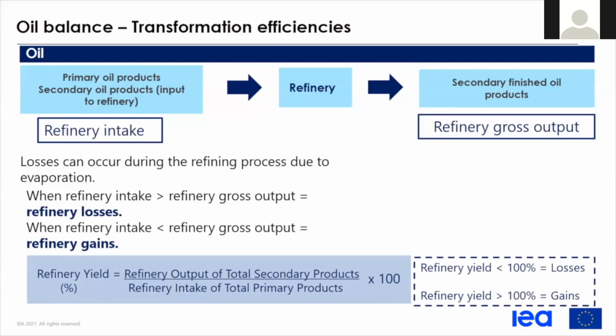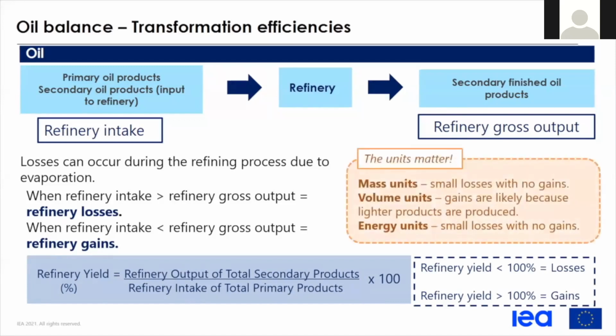Of course, if you do this calculation, you need to have everything in the same units, and units matter in this case. Because in mass units, you would expect some small losses and no gains at all. You do not create mass during such transformations. In energy units, it's the same.